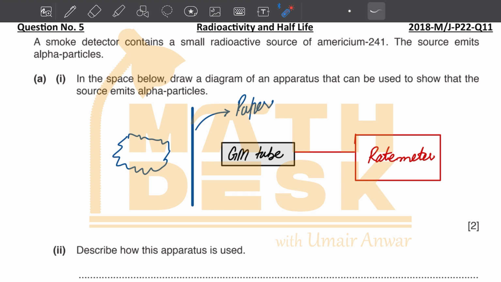So it shows that all the radiations coming from this source are absorbed by this paper, and we know that paper can absorb alpha particles. So the decrease in the reading of the rate meter shows that whichever radiations were being detected by the GM tube were actually alpha particles, because when we placed an absorber in the way of the source, the rate meter showed a decrease in the count of radiation.